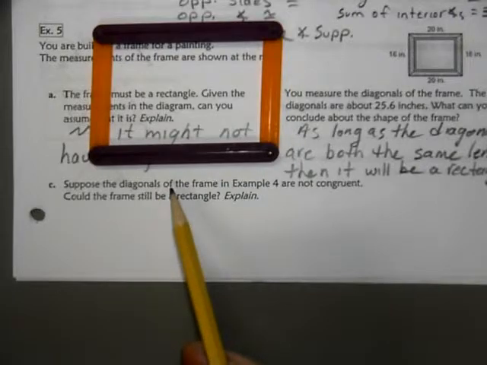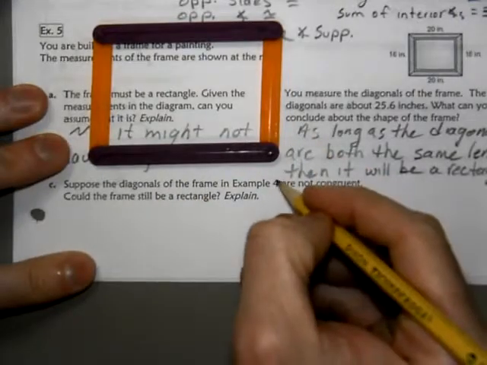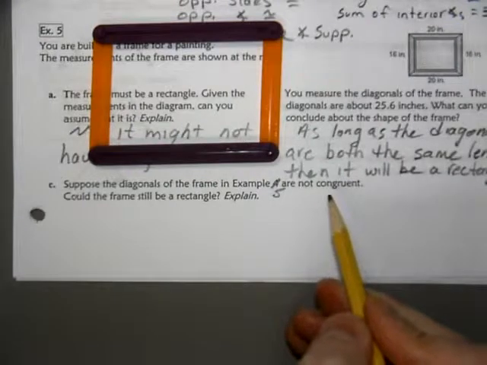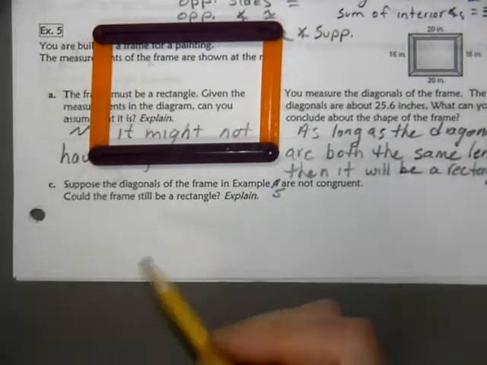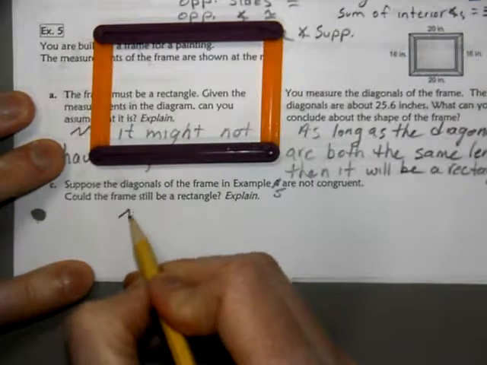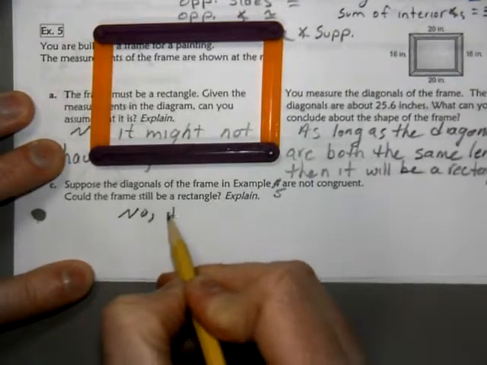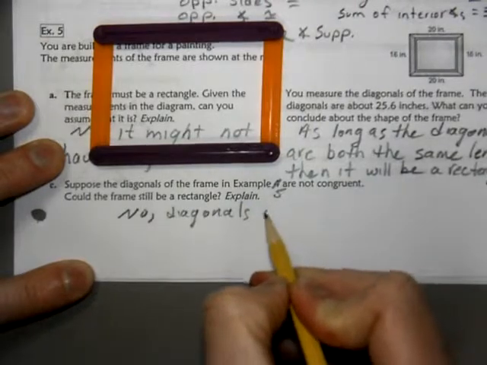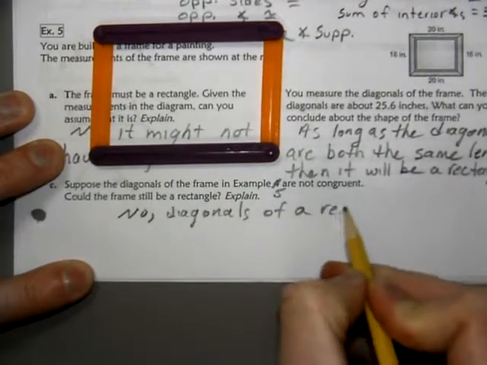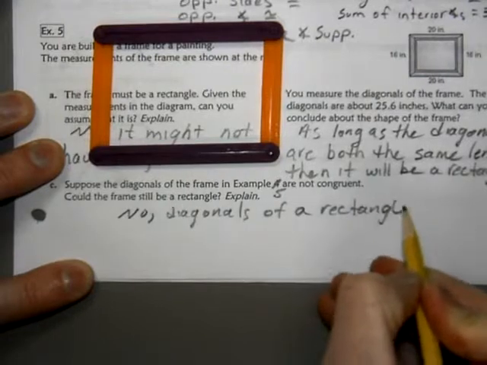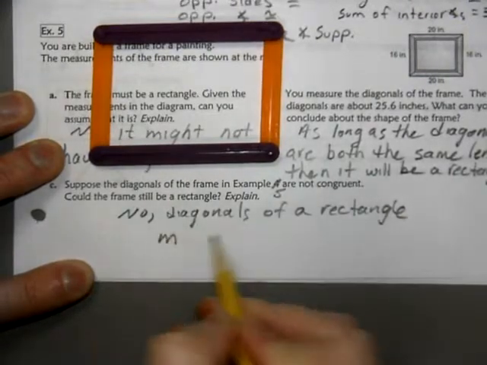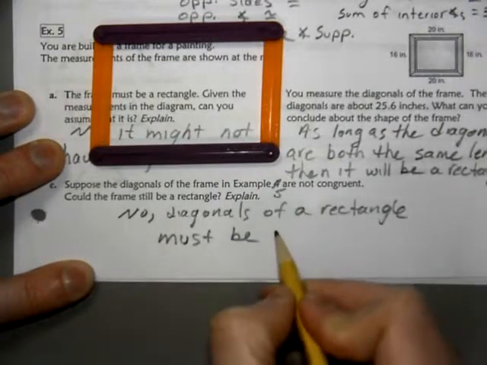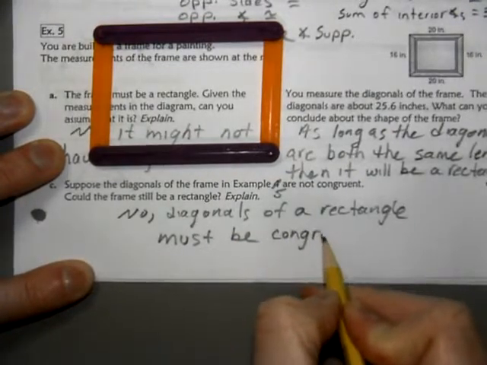Suppose the diagonals of a frame, and this should actually be example 5, are not congruent. Could the frame be a rectangle? And again, no. Diagonals of a rectangle must be congruent.